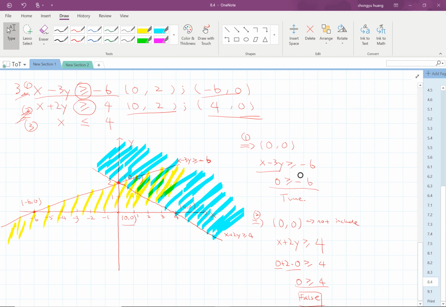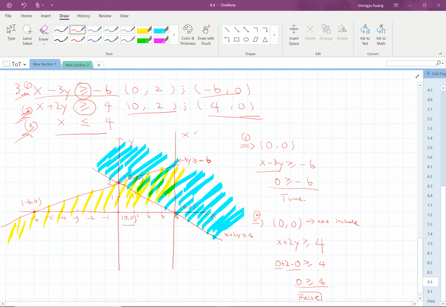Now take a look at the third equation, which I put over here. The third equation is x is less than or equal to 4, right? It's less than or equal, which means the number 4 will be included. So you draw a line at x equal to 4.